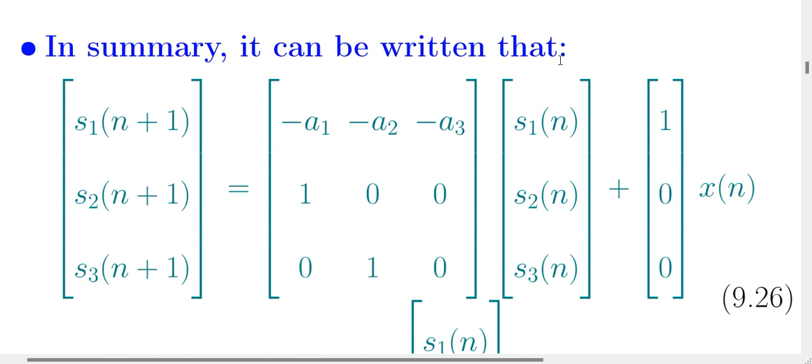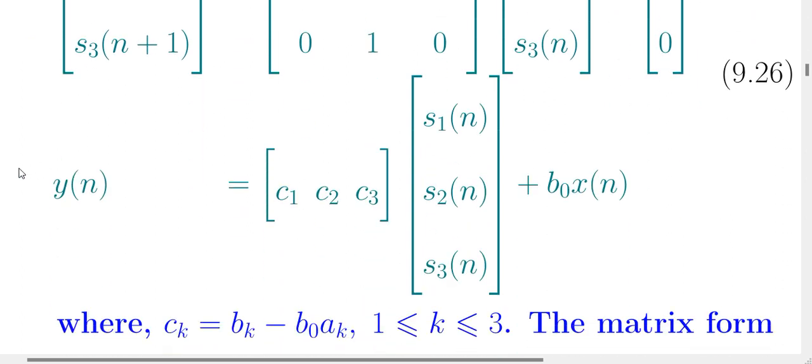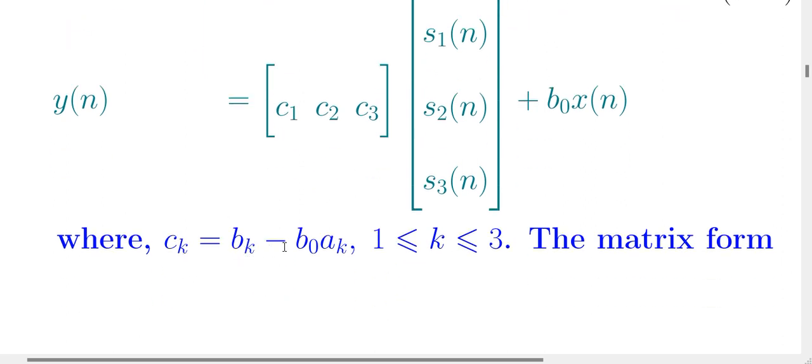In summary, it can be written that S1, S2, S3 at n+1 is equal to minus A1, minus A2, minus A3 in the first row, 1 0 0 in the second row, 0 1 0 in the third row, times S1 S2 S3, plus 1 0 0 times x[n], and y[n] will be equal to C1 C2 C3 times S1 S2 S3, the states, plus B0 times x[n], where Ck is equal to Bk minus B0 Ak, and k is between 1 and 3.